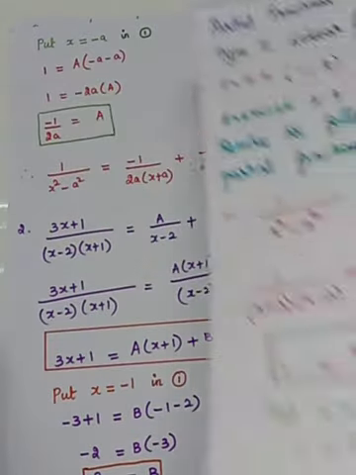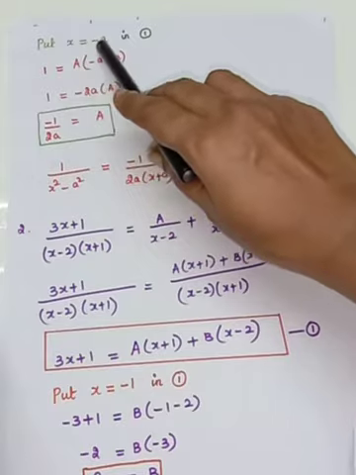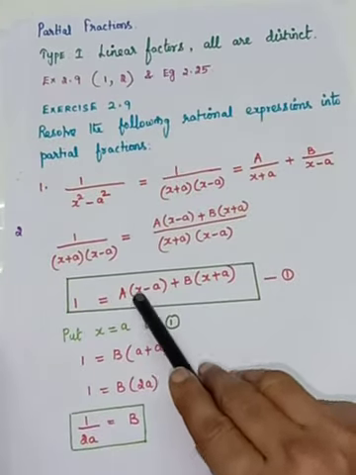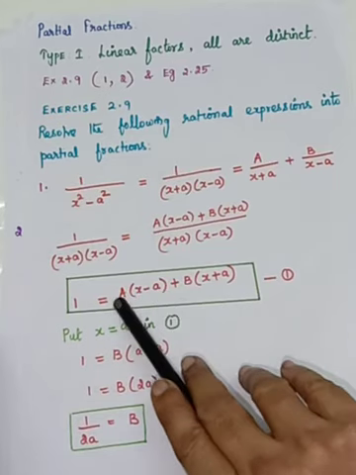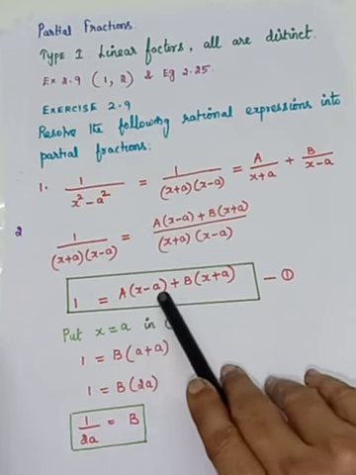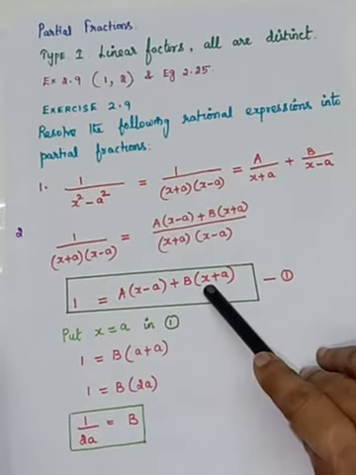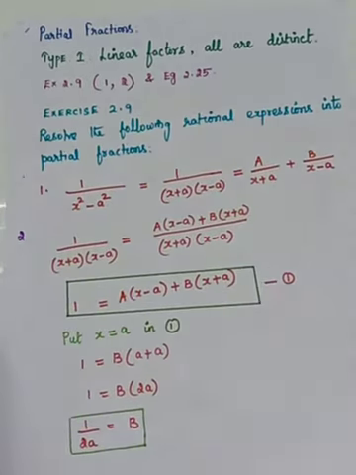Now what are you going to substitute? X is equal to minus a. When you substitute minus a here, a into minus a plus b into, when you substitute minus a, this term will become 0.